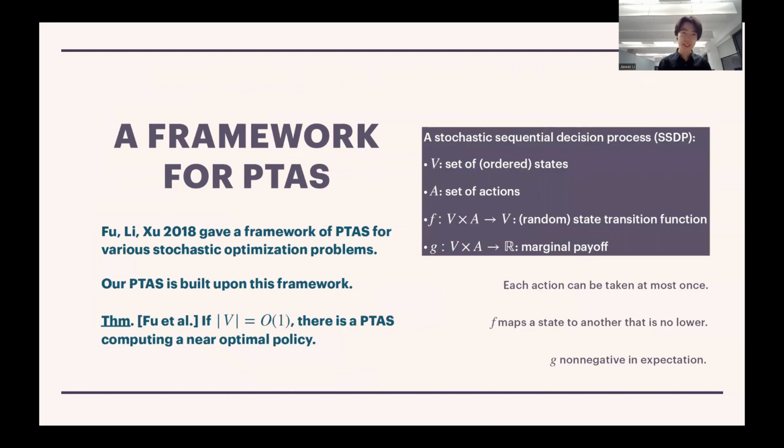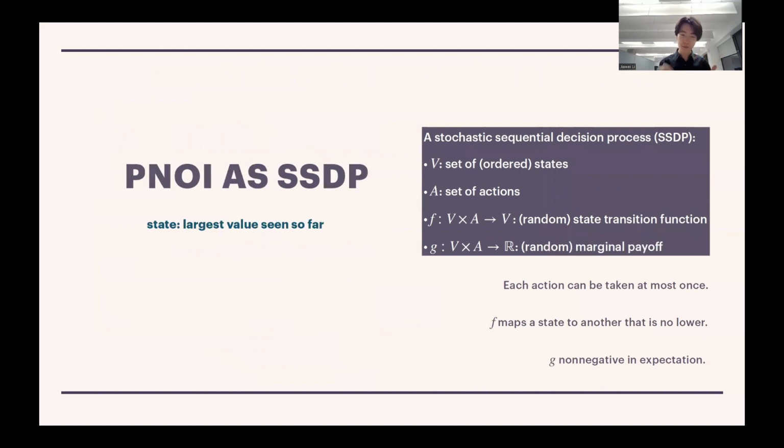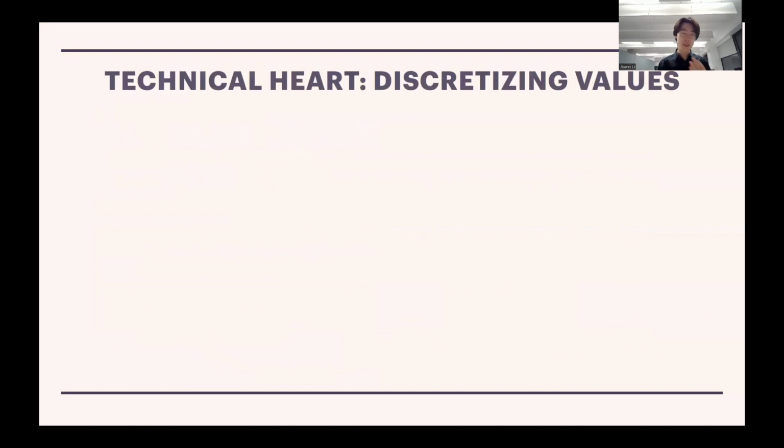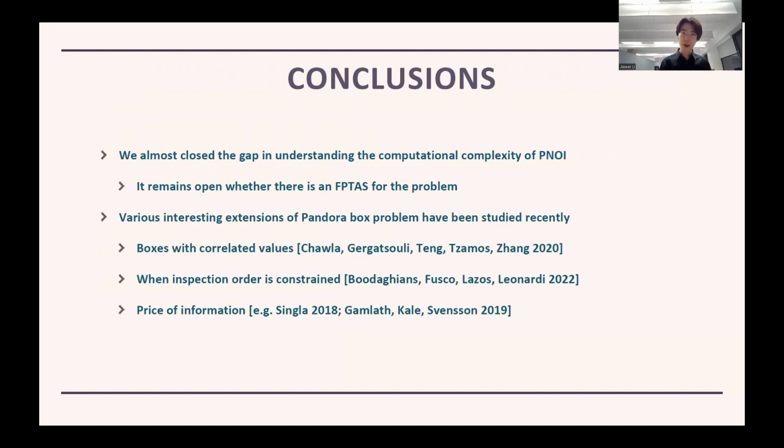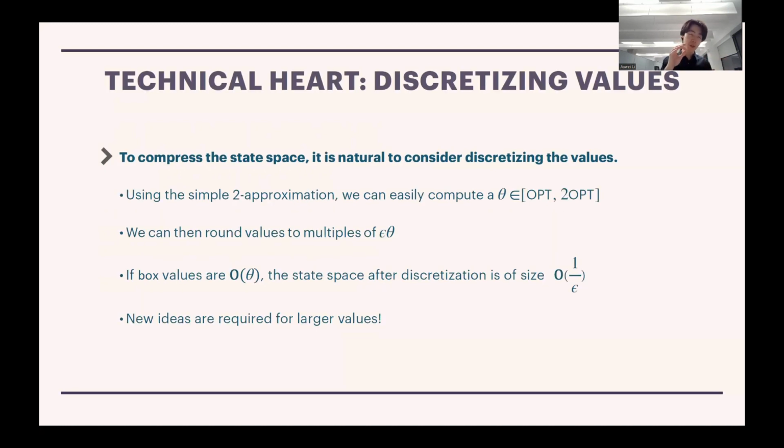But the trickiest thing is, it's easy to cast our POI problem in their framework, called SSDP, but the difficult part is to do a discretization. Because our box values could have many possible values, could be exponentially large, but with very low probability, some very dirty corner cases. So the most difficult part is to discretize the box values such that there are only constantly many possible box values. This discretization is the most tricky part.